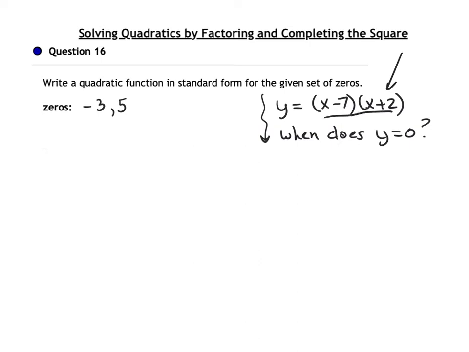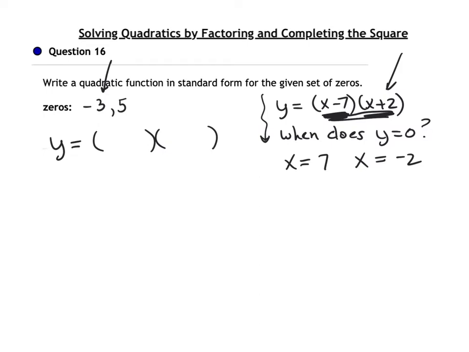Remember, in this case, it's just an example, that y would be 0 when x would be 7, because 7 minus 7 is 0, and when x was equal to negative 2, because negative 2 plus 2 is 0. In other words, your equation needs to make it so that when I plug in negative 3, it creates 0.